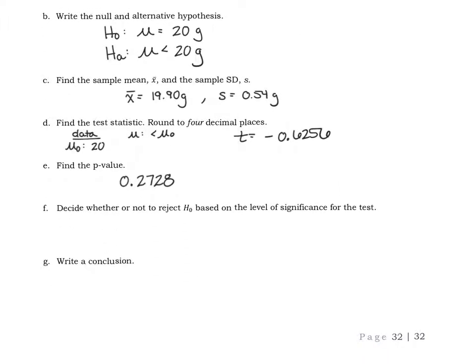Okay. Decide whether or not to reject the null hypothesis. Well, again, we are looking at whether we are in this bottom 1% of all candy bars. We are here at 27.28. We're like way out here in the middle somewhere. So we are going to not reject the null hypothesis.